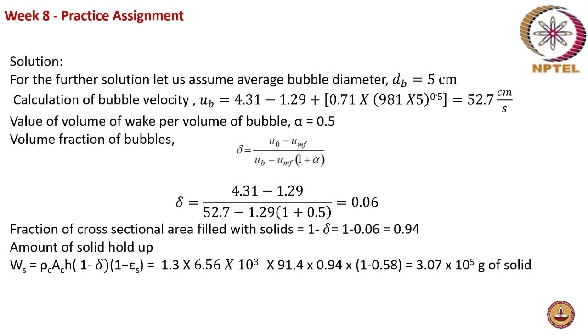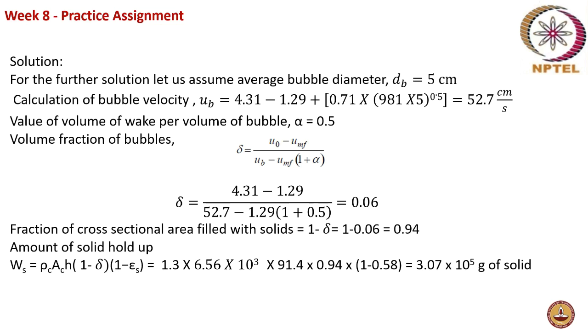The amount of solid holdup W S is equal to rho c into AC into H into 1 minus delta into 1 minus epsilon S. Here we take the height as the entire maximum height, 91.4, and then we have the fraction of cross section area filled by solid, 1 minus delta, and the porosity at minimum fluidization condition also.